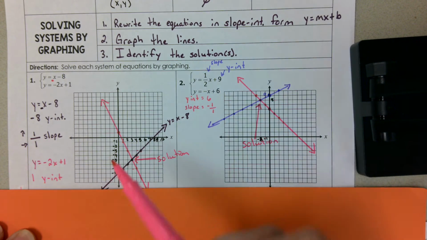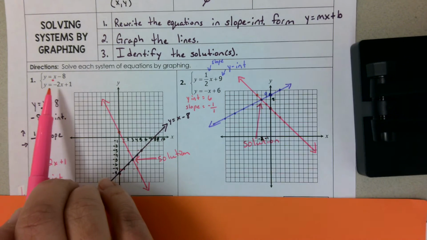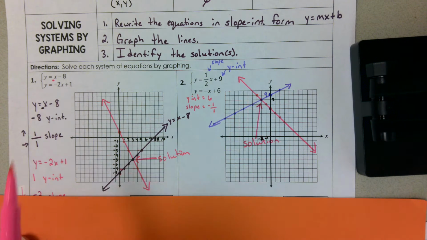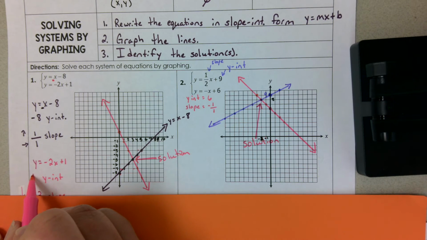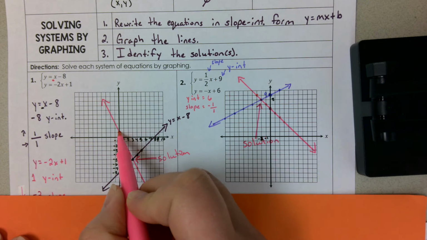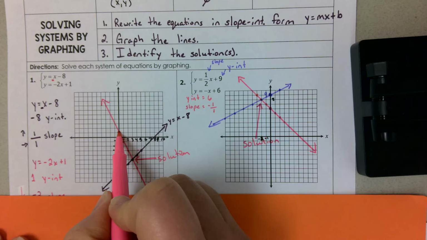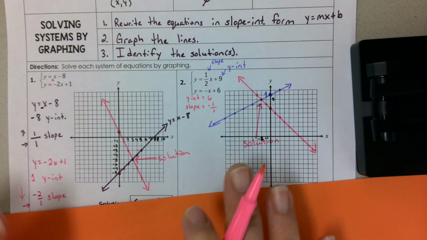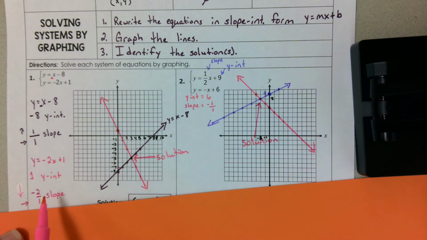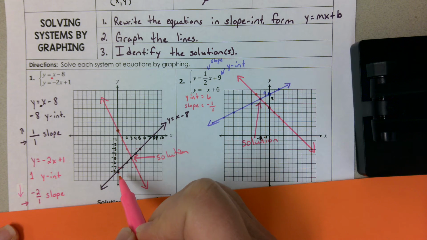Then I graphed the next line, which is y equals negative 2x plus 1. That plus 1 is my y-intercept of 1. I plotted that first. First plot the y-intercept. Then I used my slope, which was negative 2. I wrote that as a fraction, negative 2 over 1. And when we're negative, we've got to go in the negative direction.